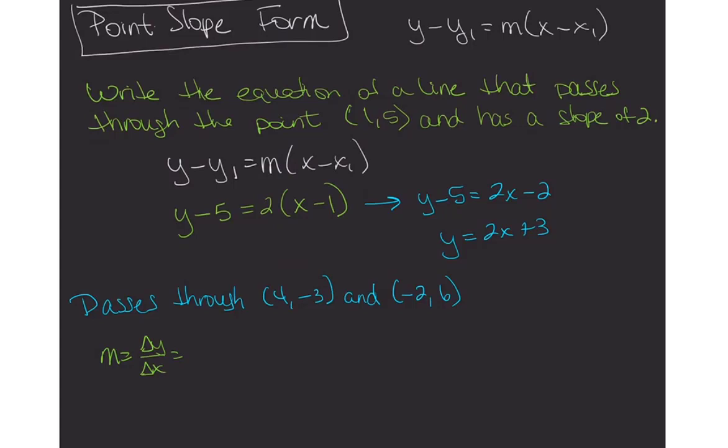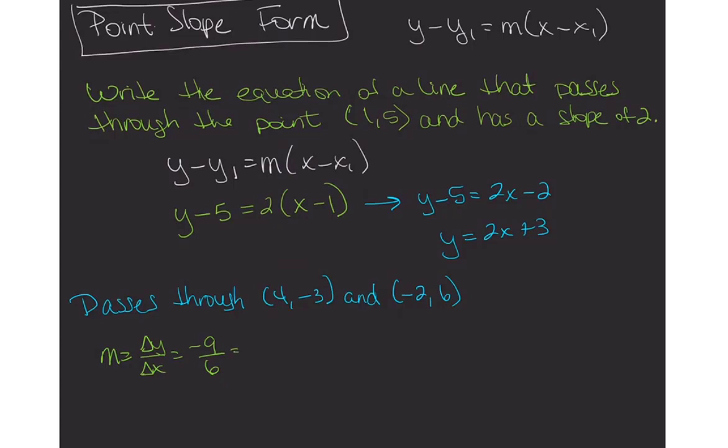So if I subtract my y's, -3 minus 6 is going to give me a -9. 4 minus a -2 is going to give me a +6. Sorry, my bad. Yep, 6.